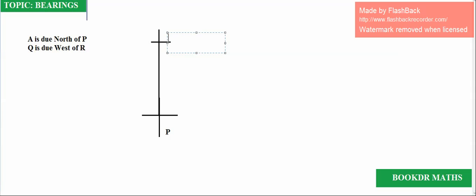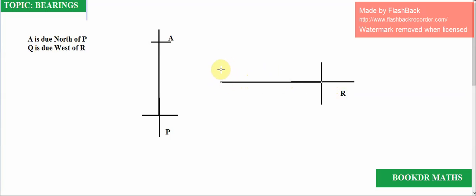A. Then we have another one. Q is due west of R. If this position is my R, I can get the position Q by extending the western line of R. So Q can be located somewhere here.